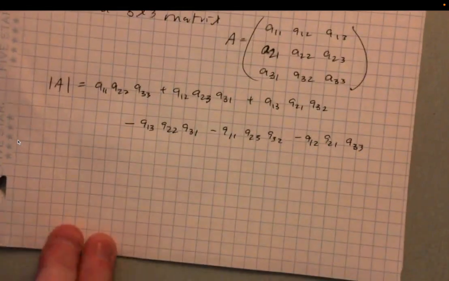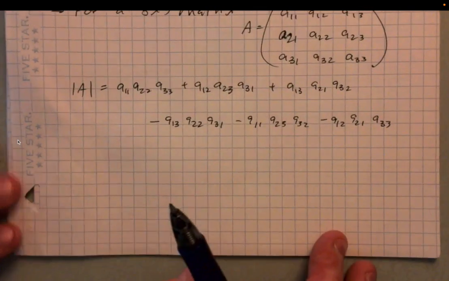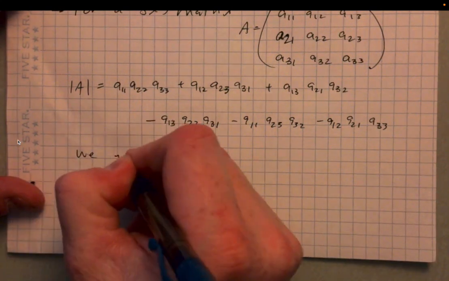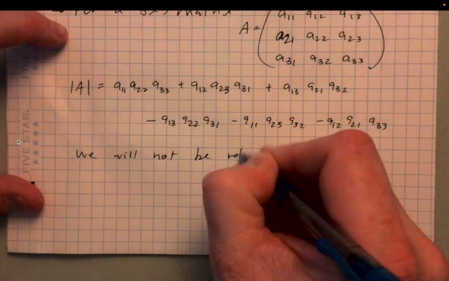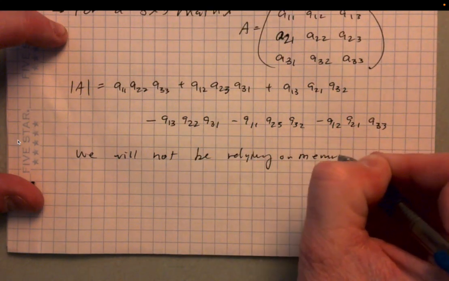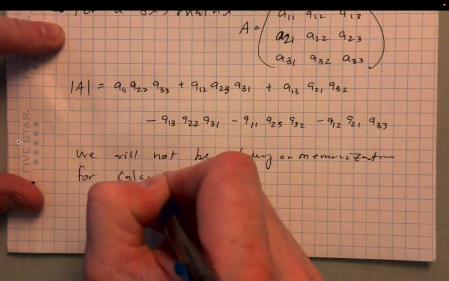Okay, so this is kind of a terrible way to think about how to calculate the determinant, by this kind of brute force memorization. We're not going to rely on that at all. So, yeah, we will not be relying on memorization for calculating determinants.